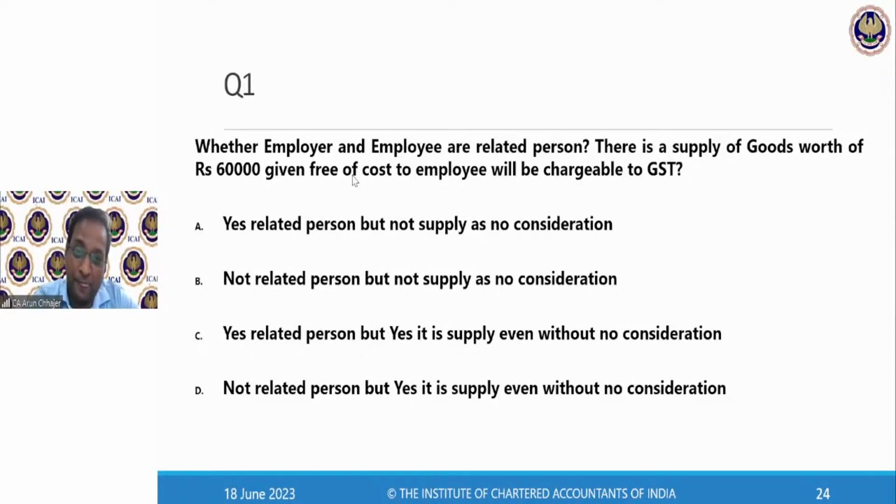Which schedule am I referring? Supply even without consideration. Which schedule?